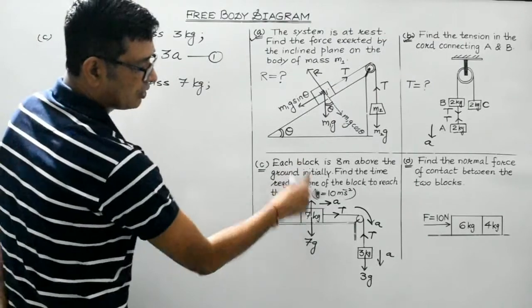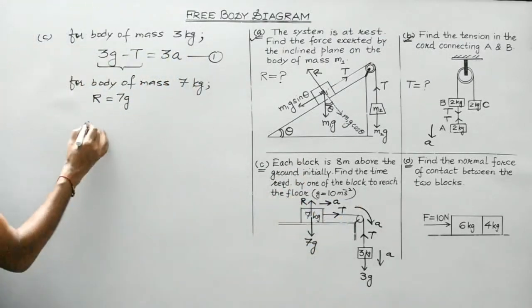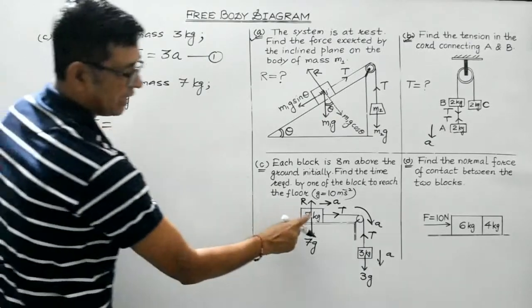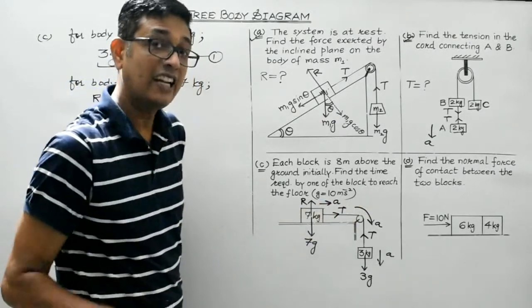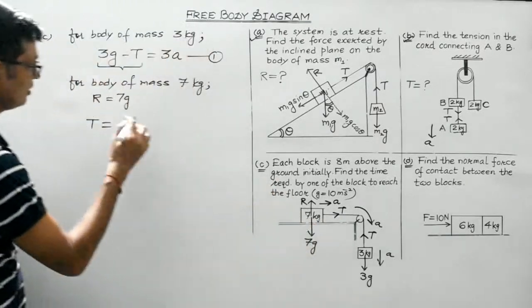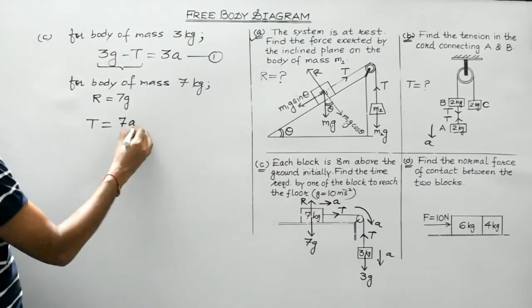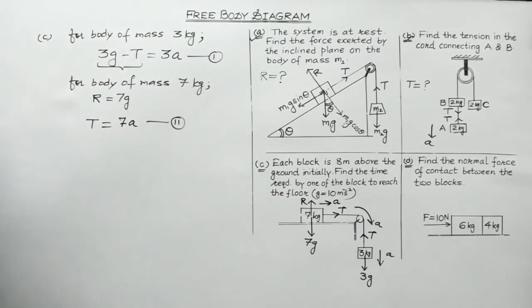These are the balanced forces along the vertical direction. So the net force acting would be T. The net force acting on this body is T, and net force as per Newton's second law is mass into acceleration. So what is its mass? 7. What is the acceleration of this body? It's a. So this is the second equation, right?